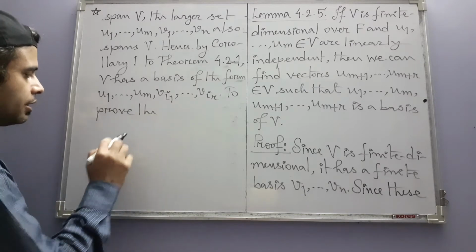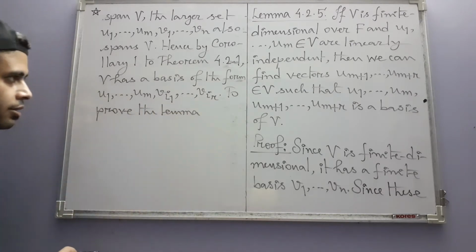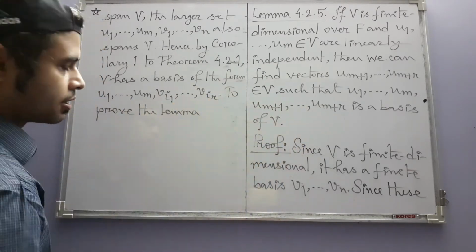So now it's clear to prove the lemma. The extra vectors that we were talking about in this statement are just these extra vectors.